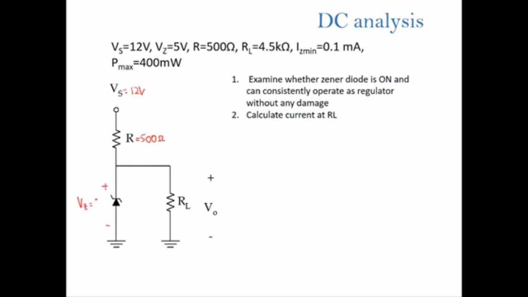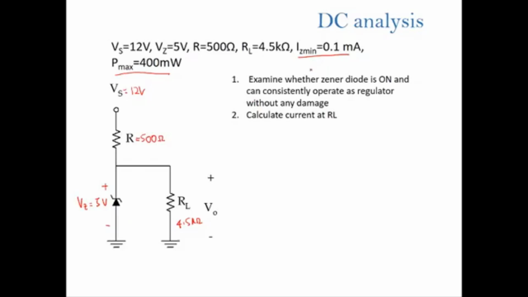Vz is equal to 5 volt, and RL is equal to 4.5 kilo ohm. We also have other specifications, Iz min and P max. Iz min is the minimum Zener current where the diode is in the on state.